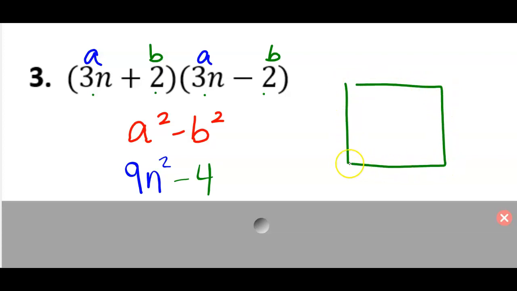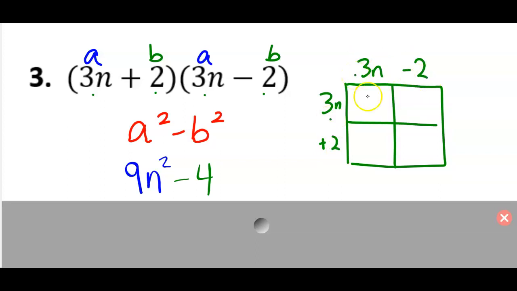Throw it in your box. We've got 3n plus 2, and we've got 3n minus 2. 3n times 3n gives me 9n squared. 3n times 2 gives me 6n. 3n times negative 2 gives me negative 6n.